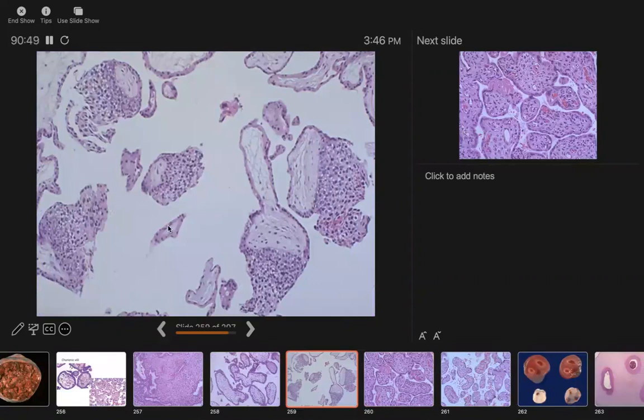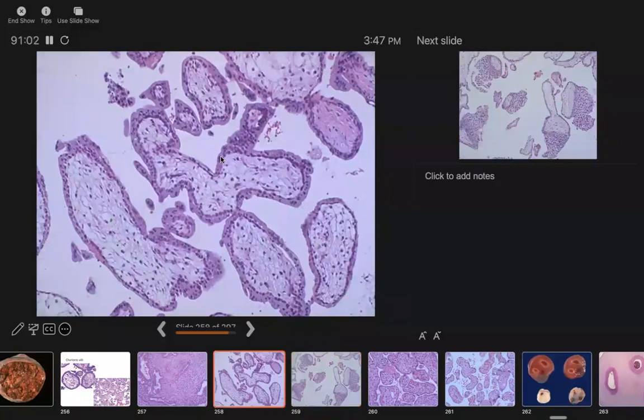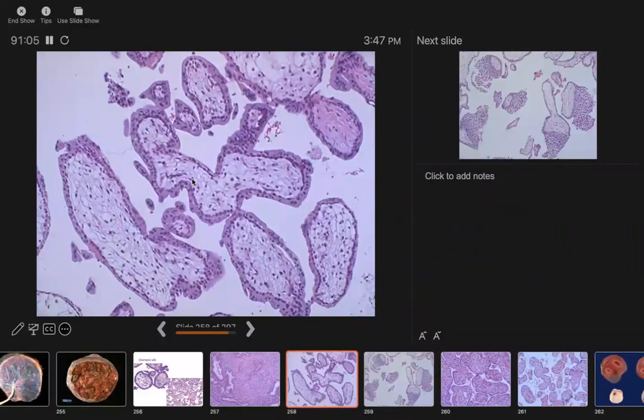Now, we can also tell whether the pregnancy is immature, premature, or term. This is an example of more likely a premature or immature pregnancy. Why? Because there is no blood vessel and the sizes of the villi are somewhat larger.